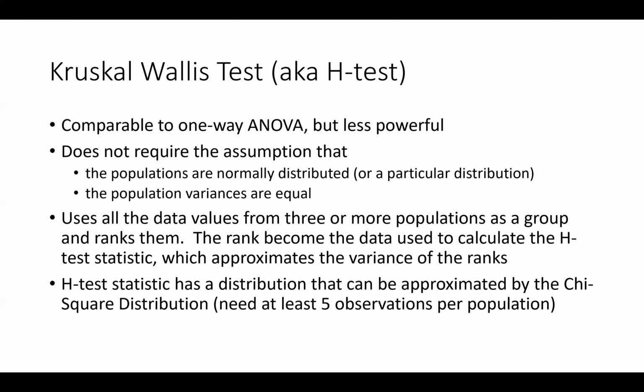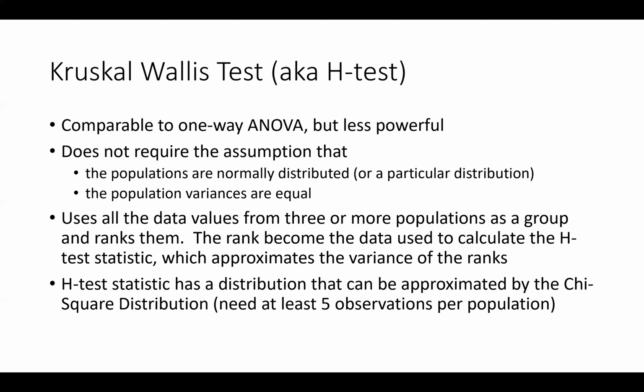Again, we take all of the data from 3 or more populations as a group. Instead of looking at them in individual categories, we put them all into a group and we rank them. This value is first, this value is second, this is third, fourth, fifth.